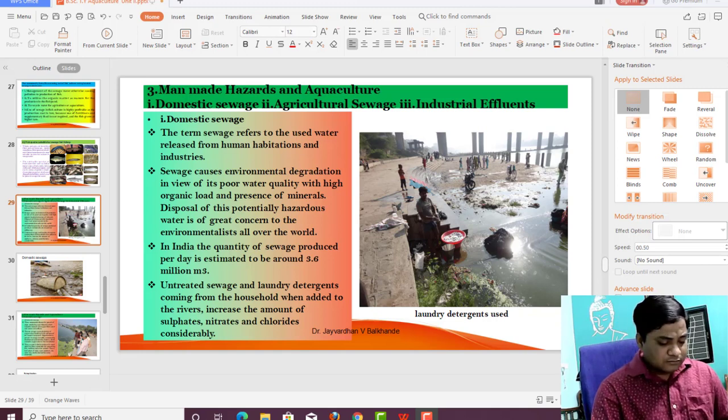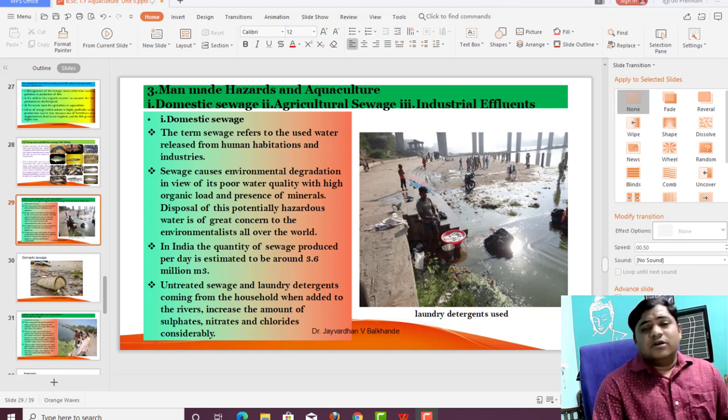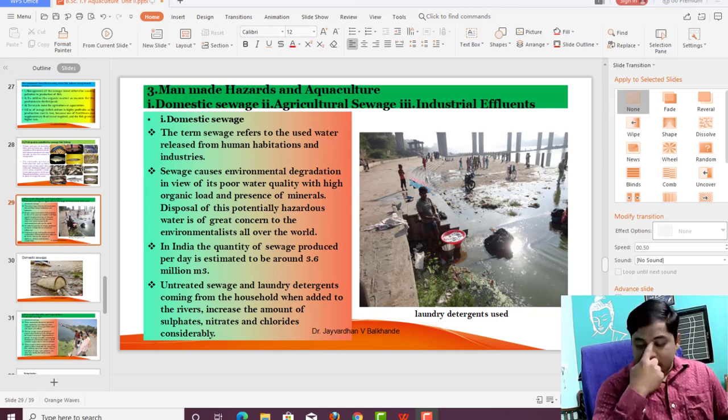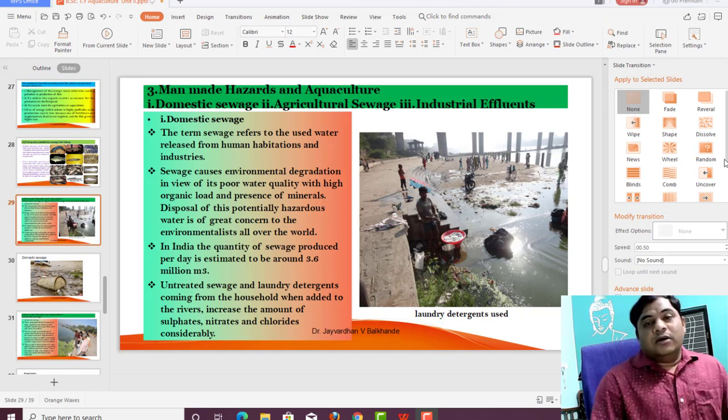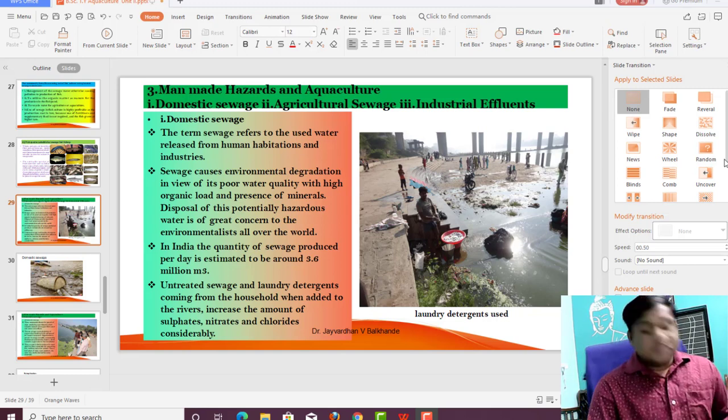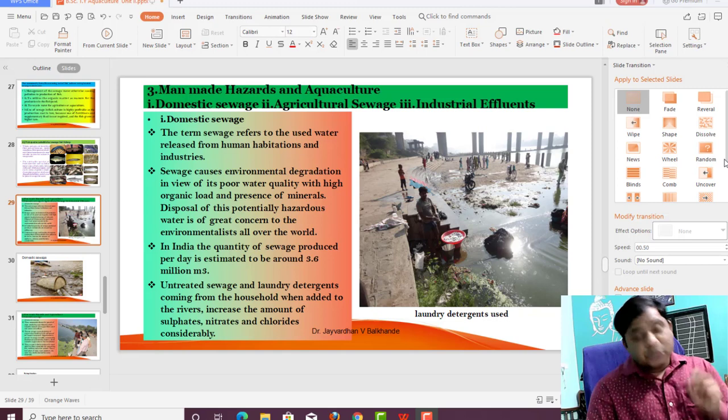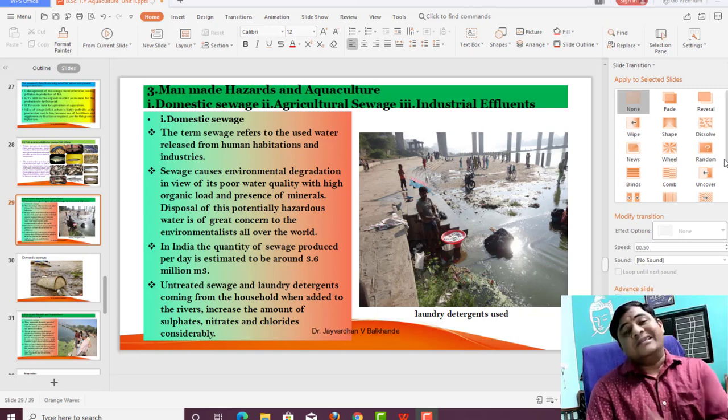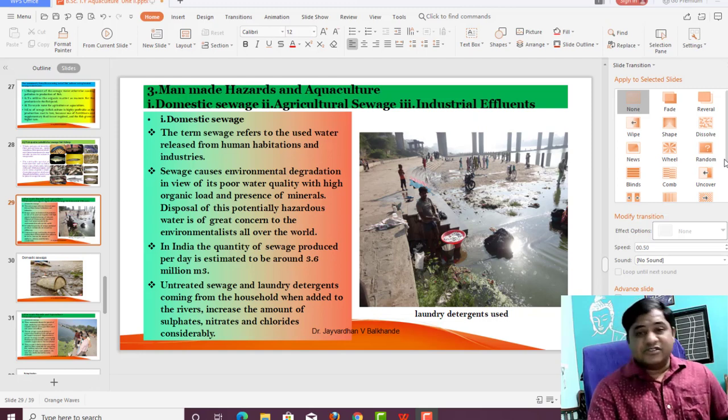Then the next point of this unit is sewage fed fish culture. In that we have discussed the composition of sewage, then the use in culture, meaning that after some treatment we can use sewage for fish culture, and how we can treat it we have already discussed.